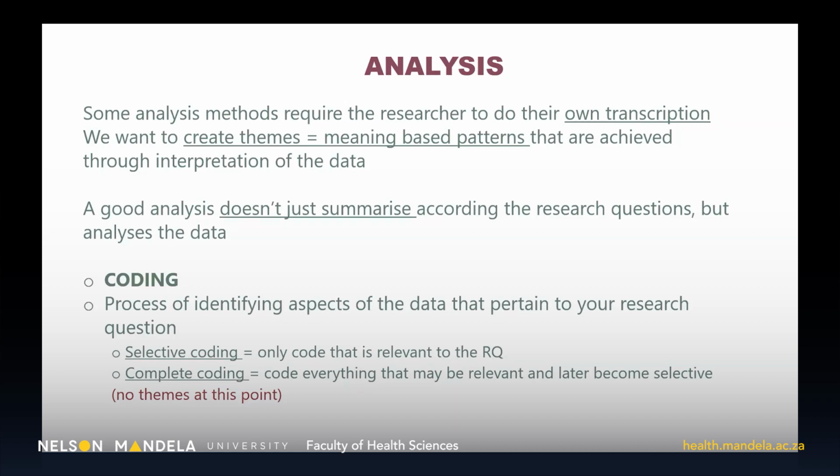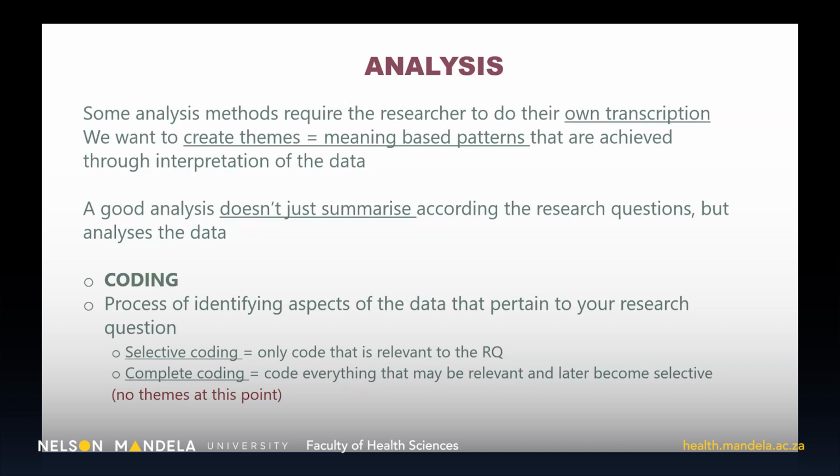Whatever research method you use, Braun and Clarke, Miles and Huberman, something else, where it generally starts is coding. So you're going to read through your data and you're going to look at different little units, different aspects in the data as you go along, with the research question in mind.